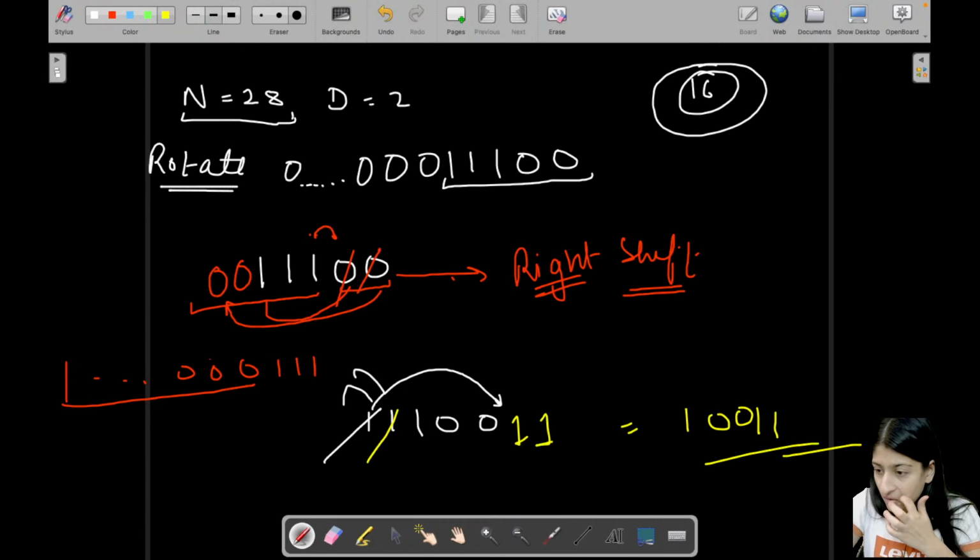What is wrong? Have I written 1110? Rotating left by two positions. Okay, rotating. Just give me a second.